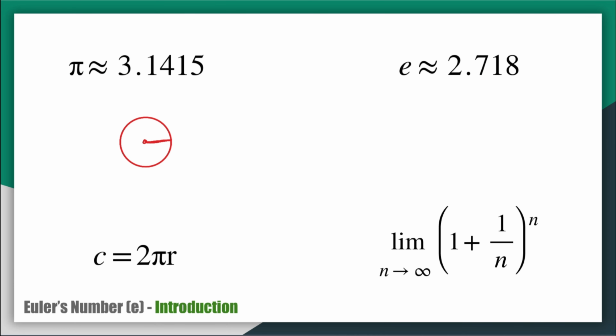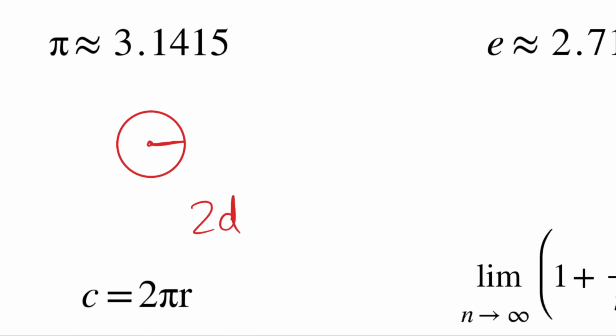Pi is a very special number that helps take you from a linear distance to a circular distance, okay? So what does that mean? Let's look at the formula for circumference. The circumference is equal to 2 multiplied by pi multiplied by r, which is the radius. Well, 2 times r is really the diameter, so that's just saying the diameter times pi, right? Because double the radius is the diameter, okay?